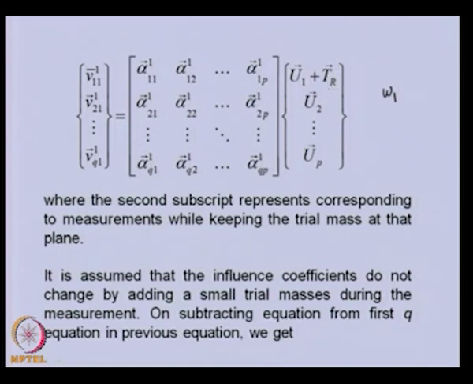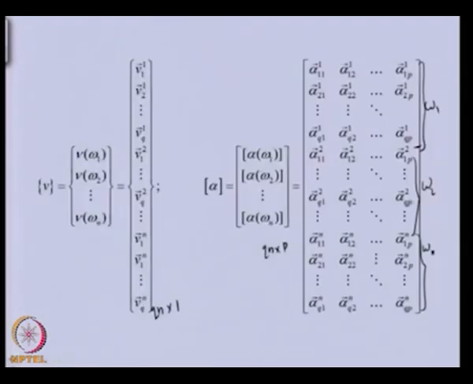So, this is the relation which we had earlier for influence coefficient, but now the only thing is this trial mass has been added here. Now, you can see, you go back to the previous equation, this equation. So, basically here V, that is W1 corresponding to this, these are the displacements, and corresponding to this, these are the influence coefficients, and this influence coefficient is same as in the subsequent equation I showed.